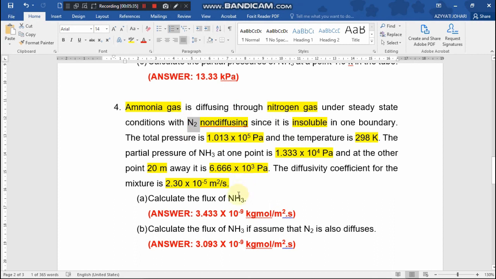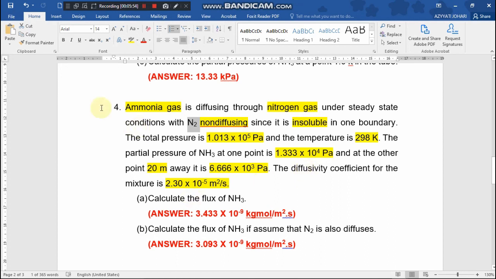So that's why no question asks you to calculate flux for nitrogen gas under the condition of non-diffusing or one component diffusion. You only need to calculate flux for NH3, which is NA, because only A can diffuse into B. B remains stagnant, or non-diffusing into A.